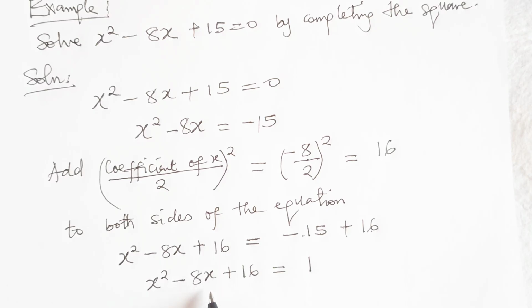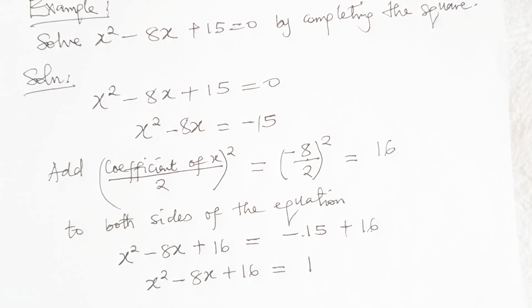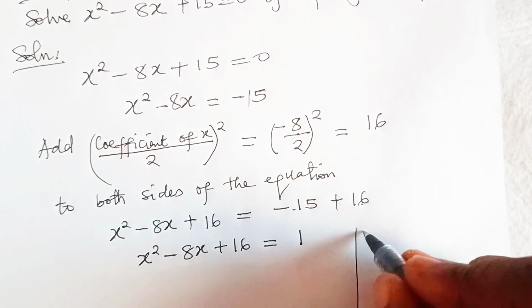So at this point, I'm going to look for two numbers whose sum will give me minus 8 and whose product will give me 16. So I'm going to look for the factors of 16.